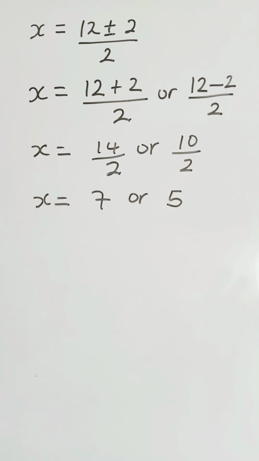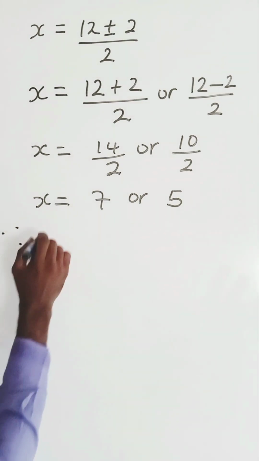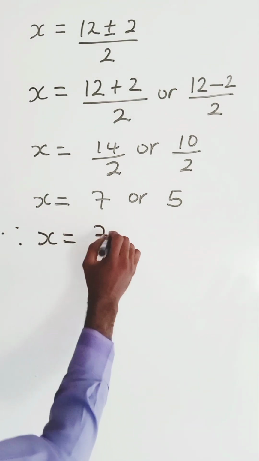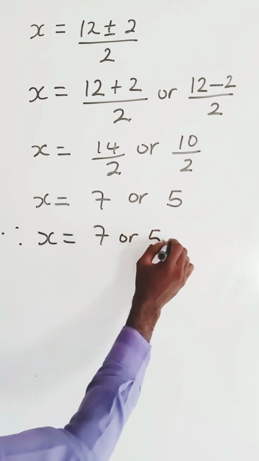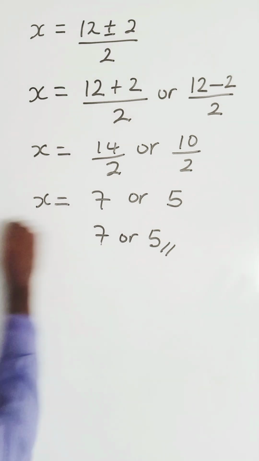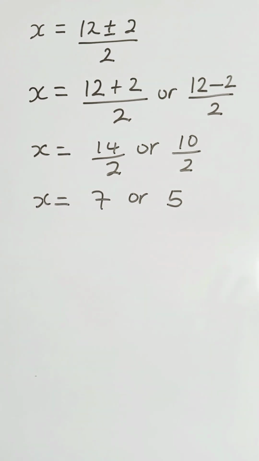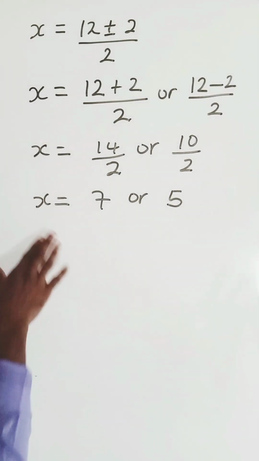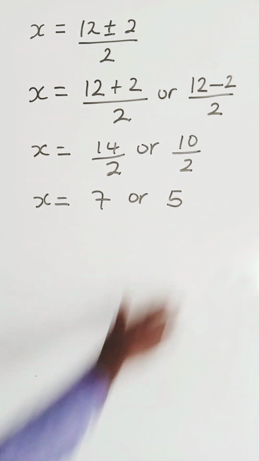So the solution to the quadratic equation using the general quadratic formula is x equals 7 or 5.